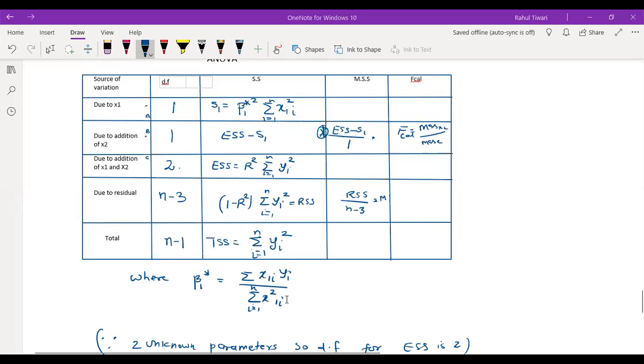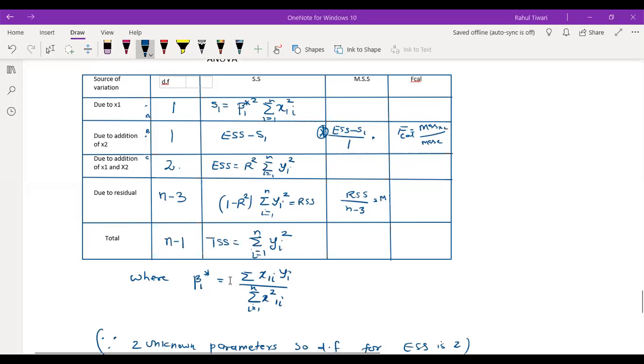See, you can check, in the simple linear model you have already calculated beta 1, I think. I don't have those notes presently, but if you go to unit 2 you can find out whether you have calculated this beta 1.